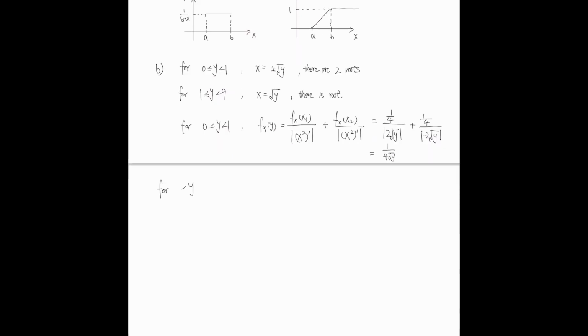For y greater than or equal to 1 and less than 9, fY equals fX over the absolute value of (x squared) prime, equals 1/4 over the absolute value of 2 square root of y, equals 1/8 square root of y.